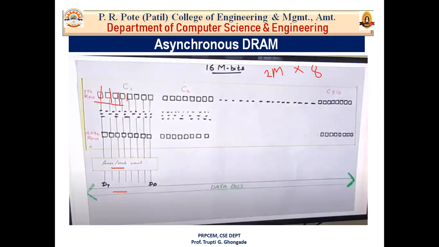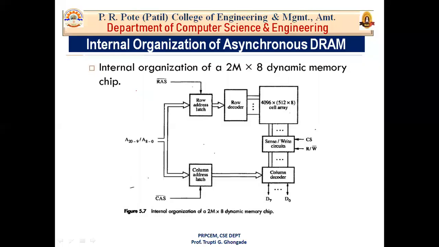The upper half, that is address lines 9 to 20, is given to the row address latch through a signal, the row address strobe signal, that is RAS.